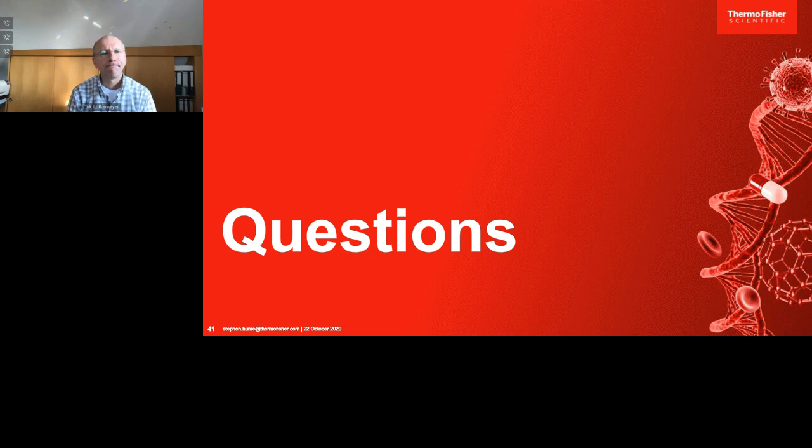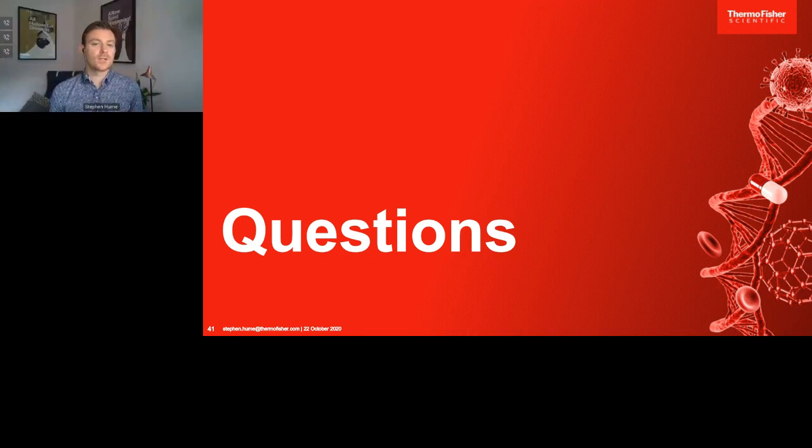Fantastic. Thanks very much for that answer. Our next question is from Chiara, and this is probably one for yourself, Anja, and Dirk Tillich. Can you please tell us the duration of the process and specify if it's an N-1 perfusion or concentrated fed batch perfusion or intensified fed batch perfusion or continuous perfusion?